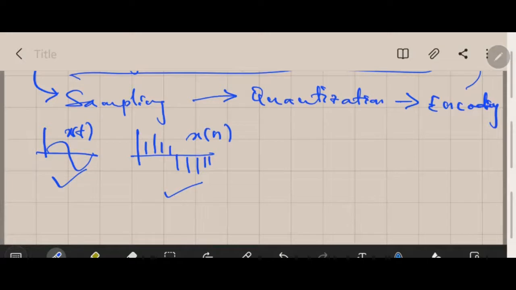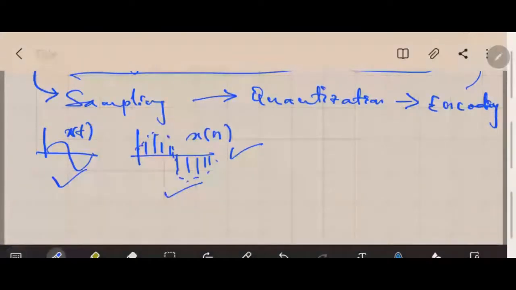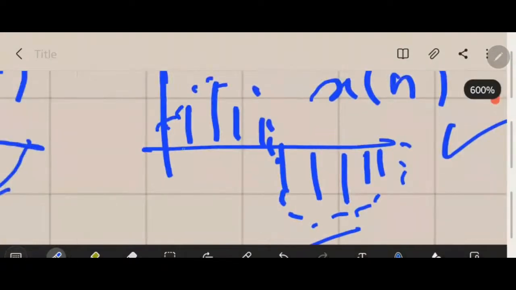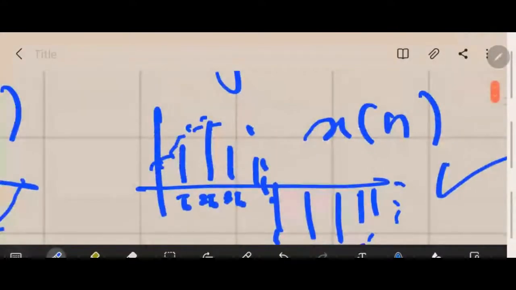So once we convert that signal into a discrete time signal, the amplitudes are still continuous. Although time is discrete now, as you see here, if this is t0, this is 2t0, this is 3t0, and so on, the amplitude is still continuous.